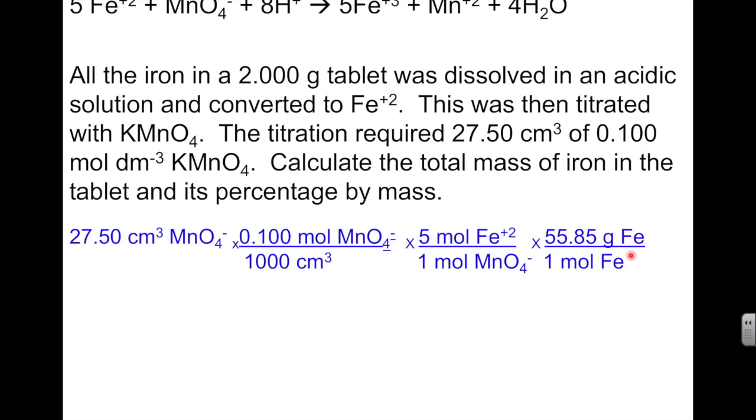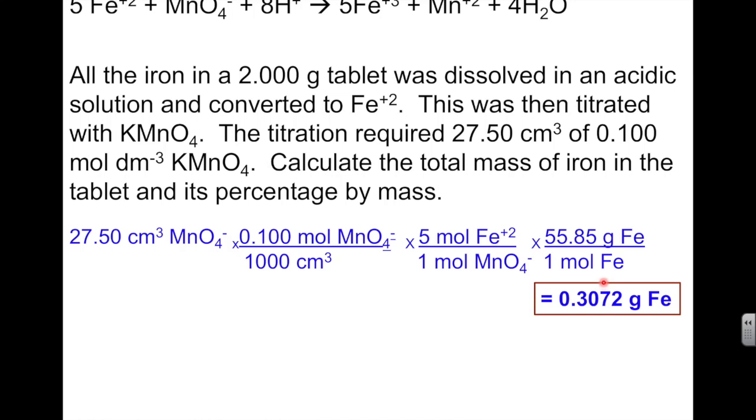That doesn't make a difference because the mass of those electrons is negligible, so it's okay to just go with what you got on the periodic table. So we find out that the mass of iron that was actually in the tablet was 0.3072.